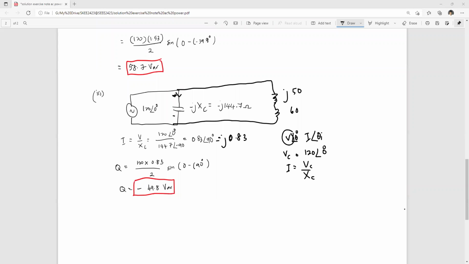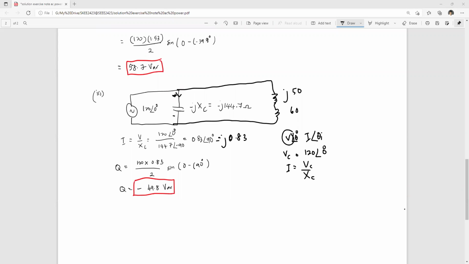So the true power. You have already obtained that the voltage RMS is 208, while the current RMS is 13.4, and the difference between voltage and current is 23 degrees.